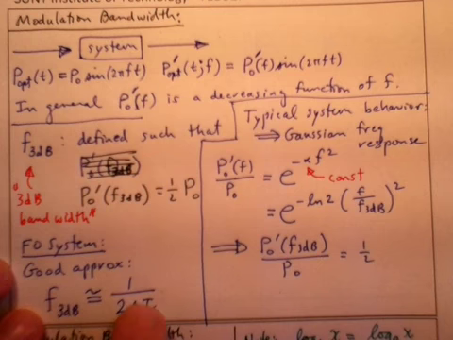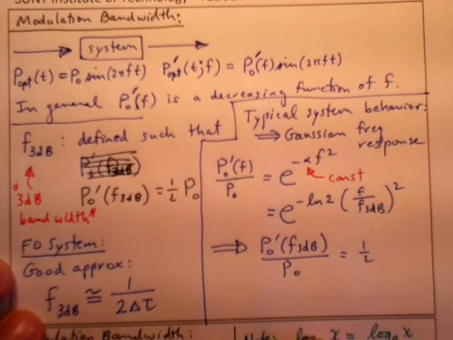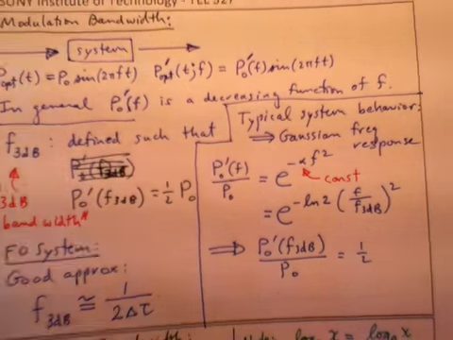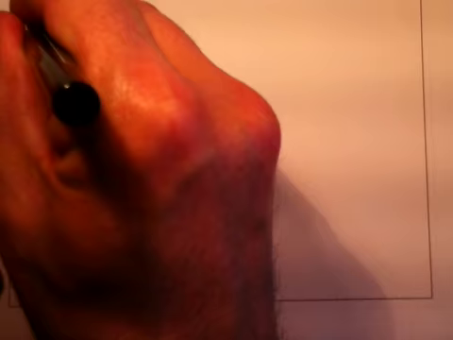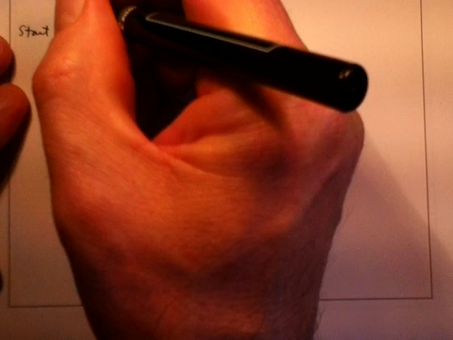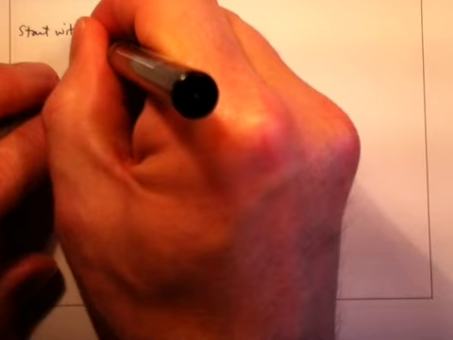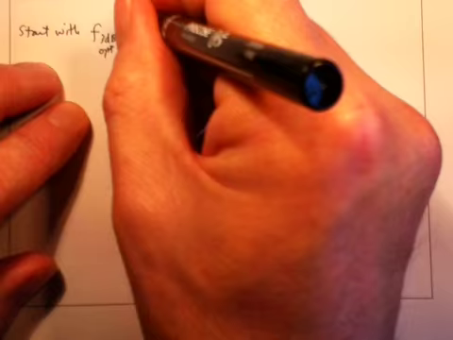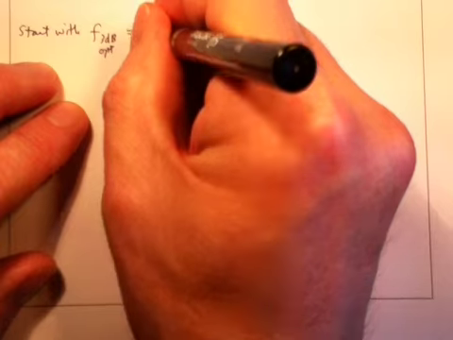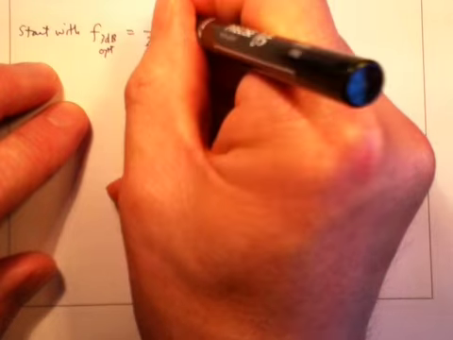So this was our slide that talked about the optical bandwidth from the beginning. And so I'm going to start with F 3 dB optical is 1 over 2 delta tau, where delta tau is my pulse spreading.